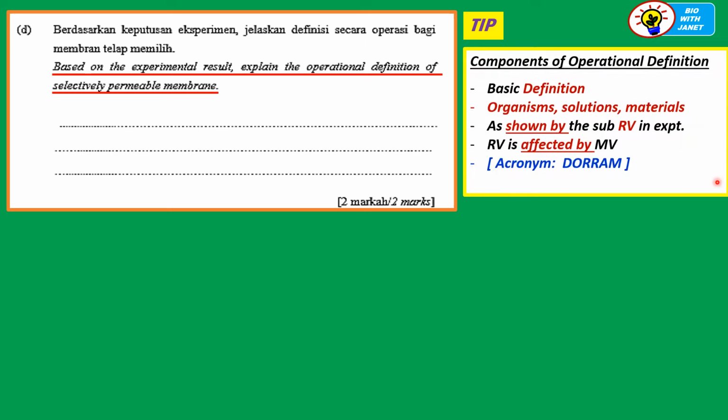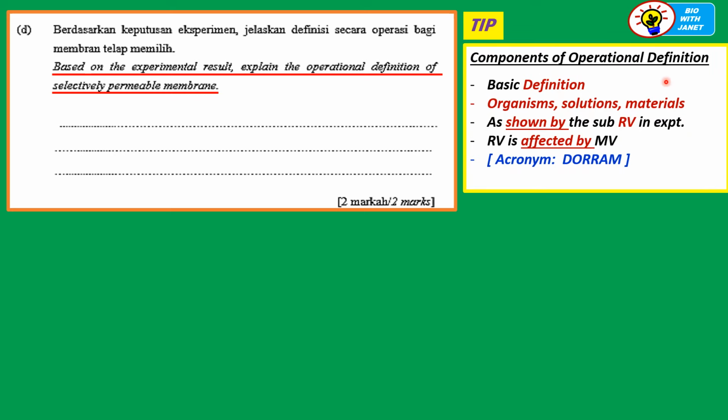Okay, let's look at the answer. First of all, the components of an operational definition are, number 1, you must know the basic definition. Then in the definition, add in the organisms, solutions, or materials that were used. Then you must have the phrase 'as shown by the sub-RV in the experiment'. And the last phrase is 'RV is affected by MV'.